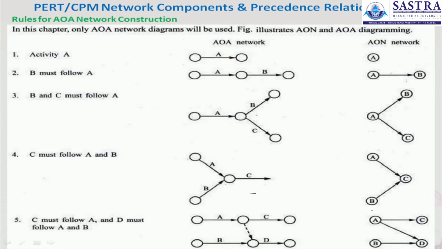C must follow A and B, so it looks like this: C in the AON network, preceded by A and B. This is represented in the fourth point. And the fifth one, in the AON network: C must follow A and D must follow A and B. Here two activities, A and B, precede D. This is the AON network.